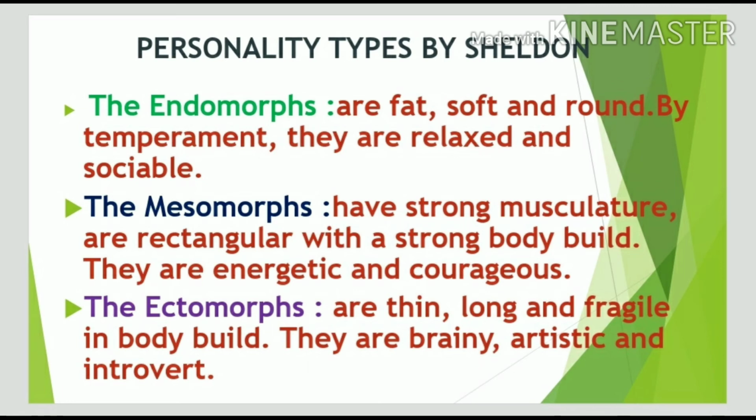Whereas the mesomorphs have strong musculature, they are rectangular with a strong body build, and by temperament, they are energetic and courageous. The ectomorphs are thin, long, and fragile. They are brainy, artistic, and introvert. So, these are the three types given by Sheldon on the basis of body type and temperament.